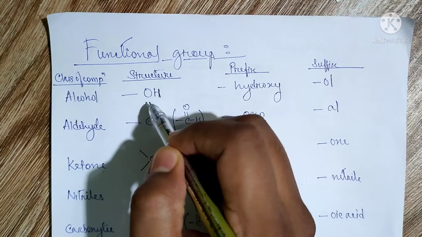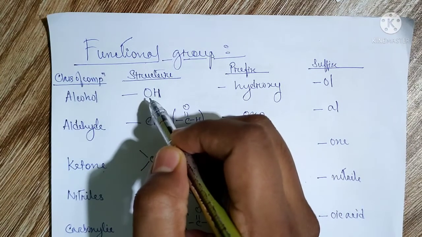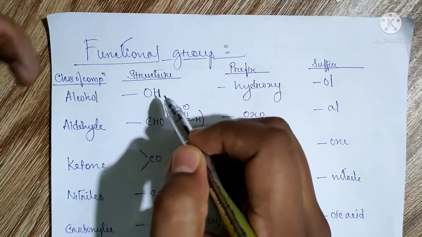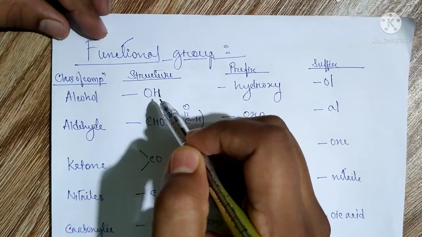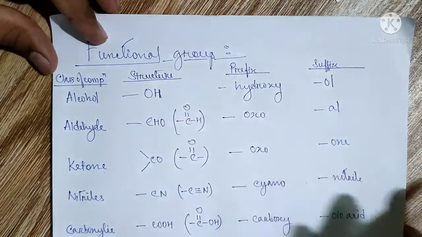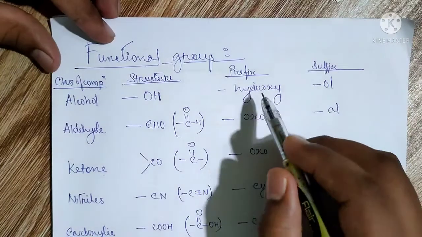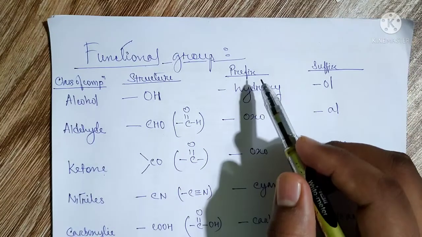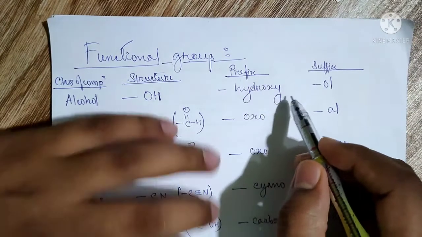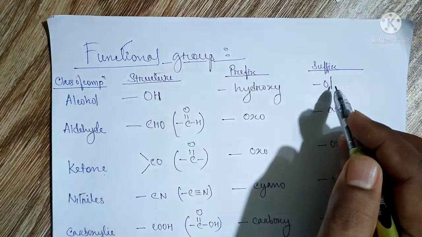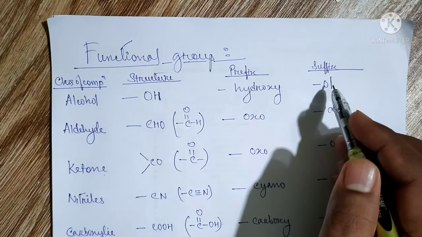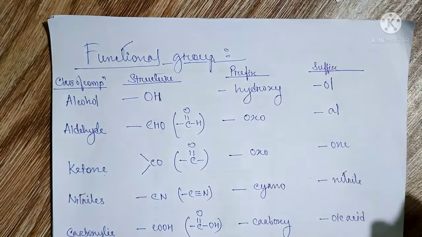It is OH. So if any organic compound contains an OH group, it is an alcohol. If it is present as a prefix, then it is hydroxy, and the suffix of the functional group is ol.